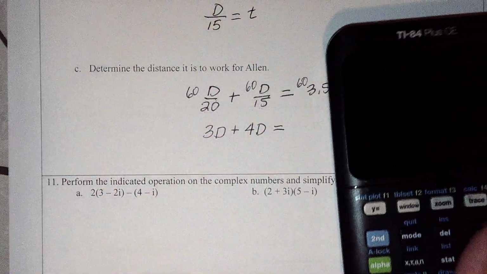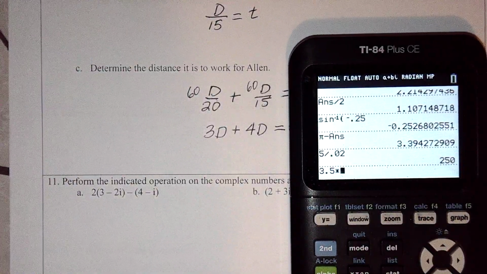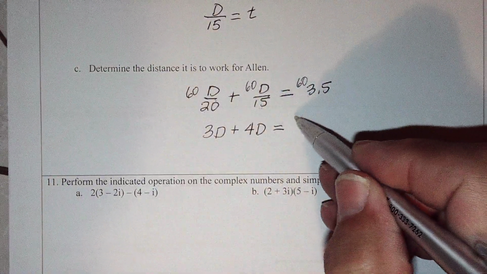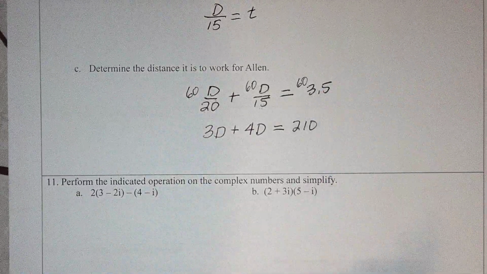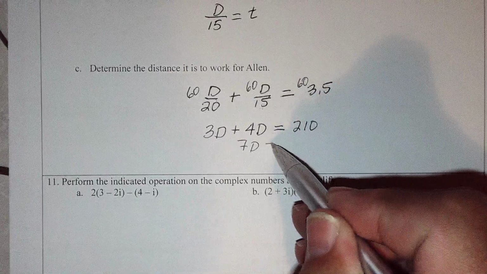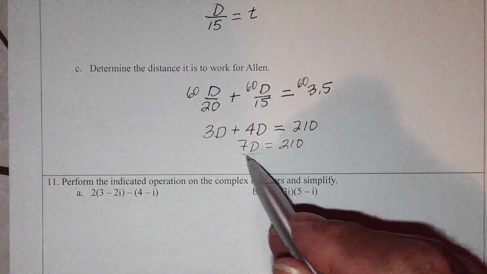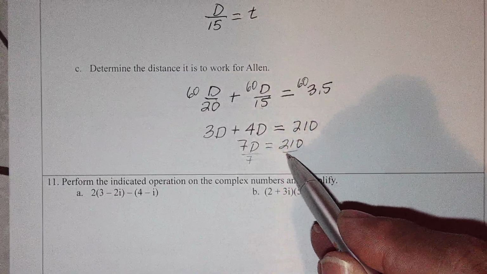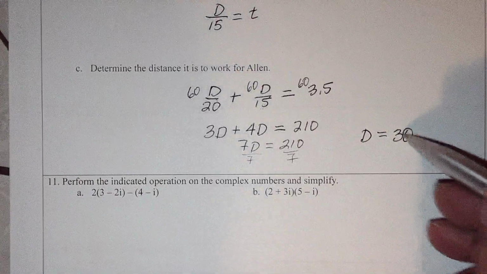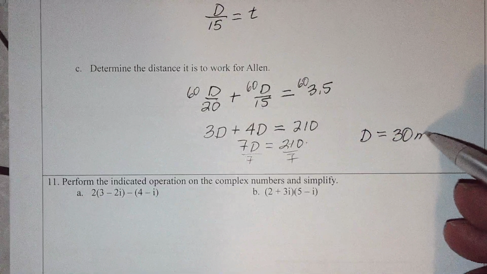So pull out my calculator and do 3.5 times 60, and I get 210. So 7d equals 210. Divide by 7 on both sides. And the distance is 30 miles.